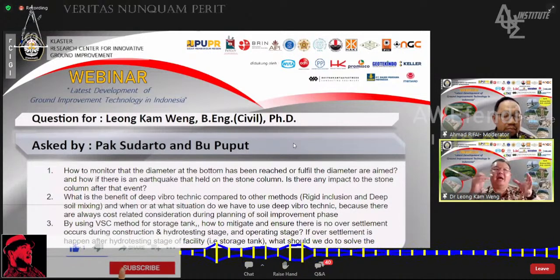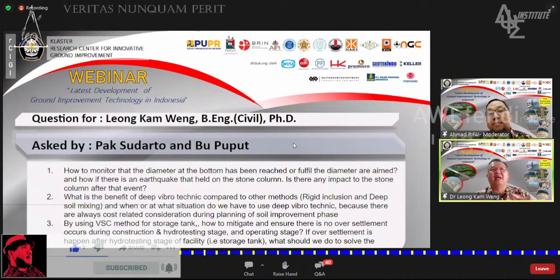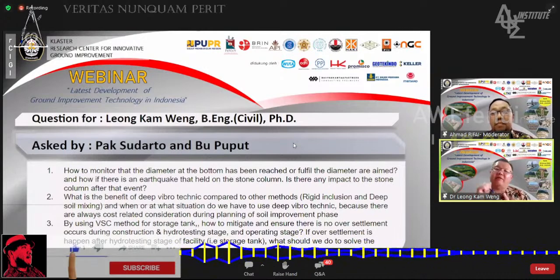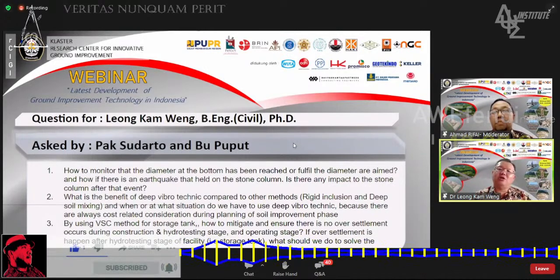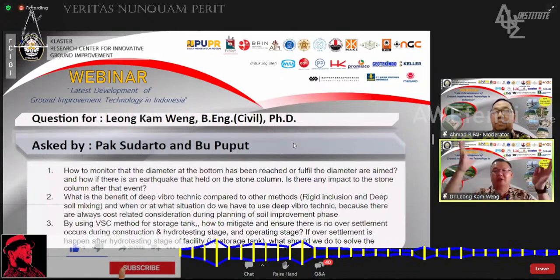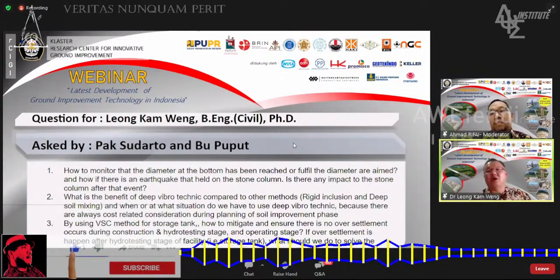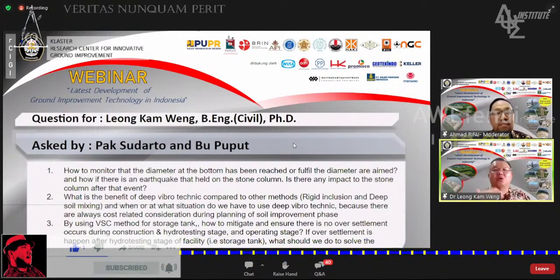Every charge of stone, because this is a dry bottom-feed, is controlled. As I mentioned earlier, the stone can only come out at the tip of the vibrator, and you can calibrate every charge of stone. When the whole process is captured by computer, you can estimate the total charge of stone delivered to each column, at each depth, and then get the actual diameter of the column with depth. So that's how you control it.